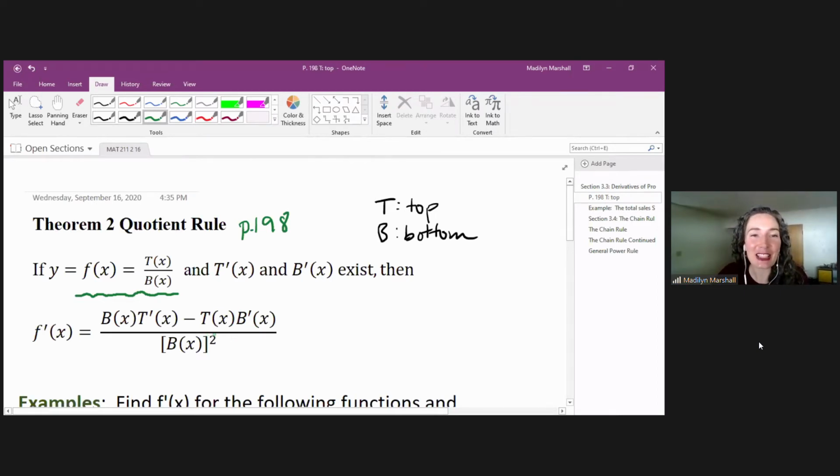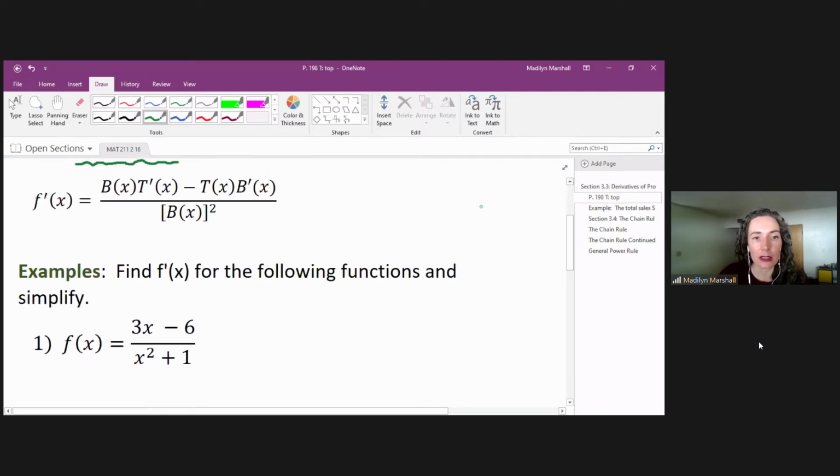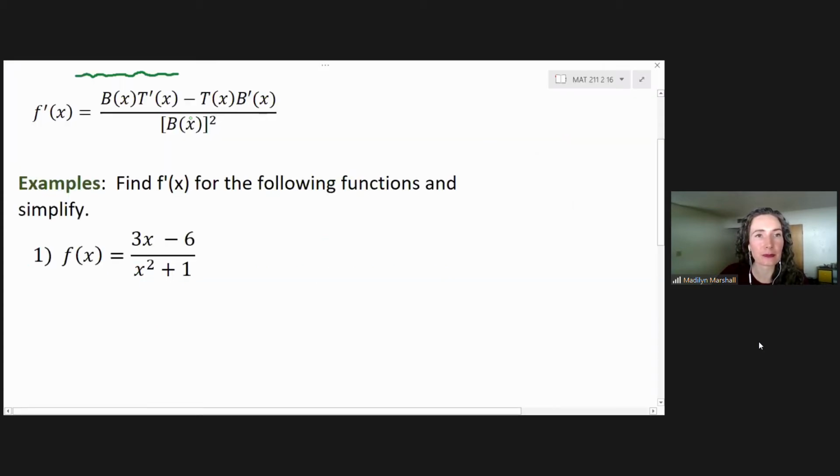So we're going to do the same type of thing here where we identify the top and bottom first and each of their derivatives. So we have those 4 parts, then we can put all of it into the formula. So here is our first example.